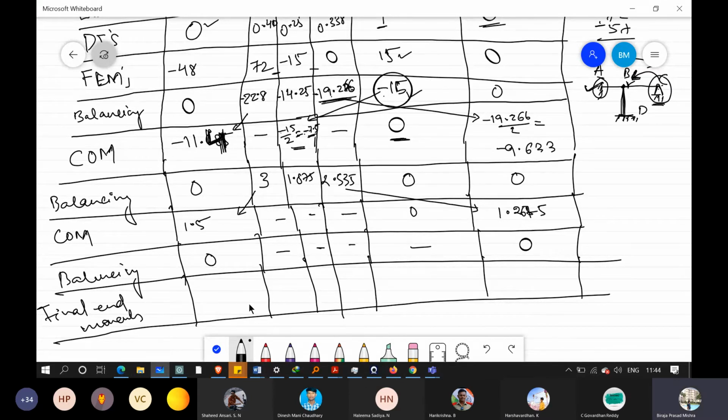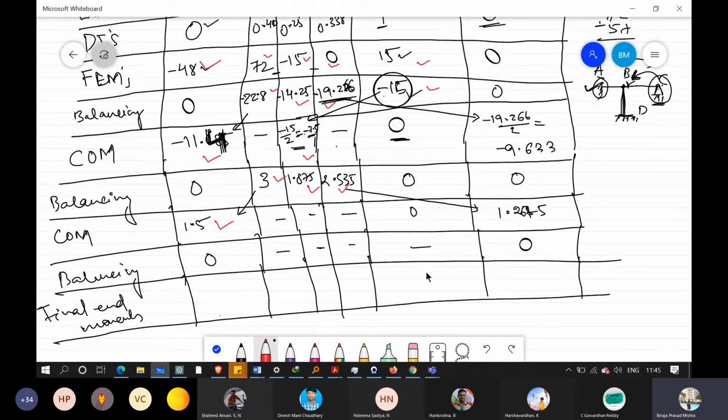Please calculate the final end moments, that is minus 48, minus 11.4, plus 1.5. How much is that? Please tell me these values. Everything else will be 0.